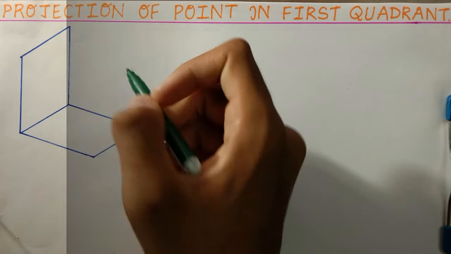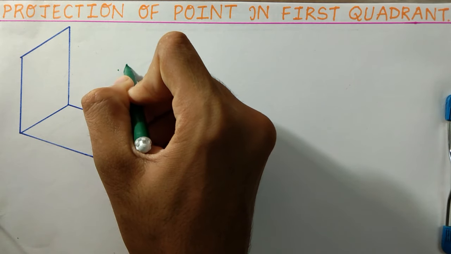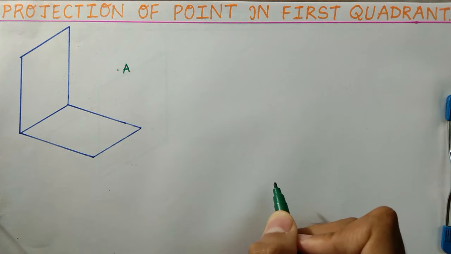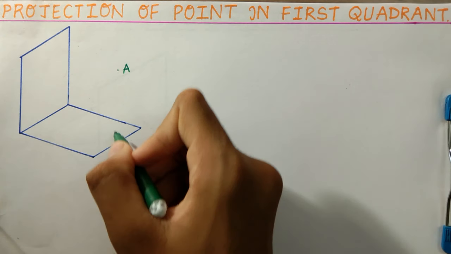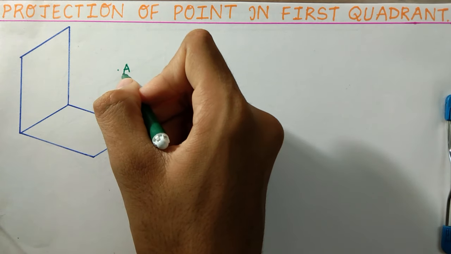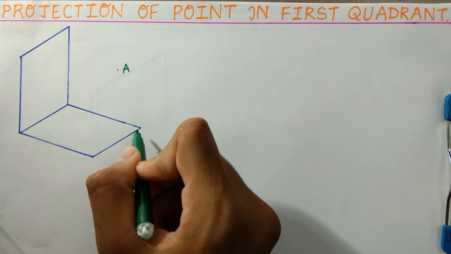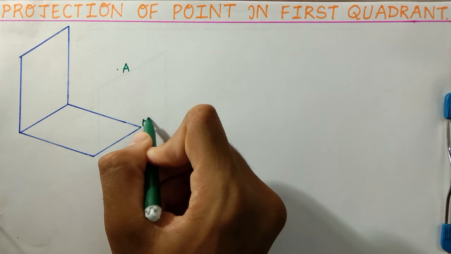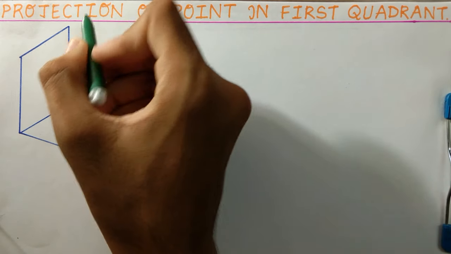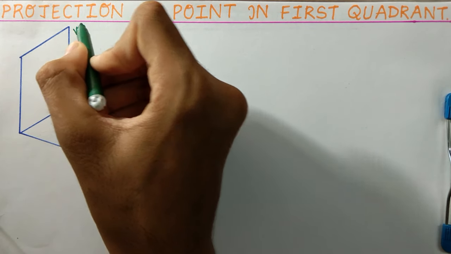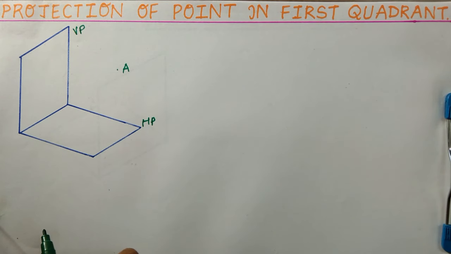Now consider a point A, which is lying in the first quadrant, means it is resting above the horizontal plane and in front of the vertical plane. This is referred as a horizontal plane, in short it is written as HP, and this is referred as a vertical plane, in short it is written as VP.